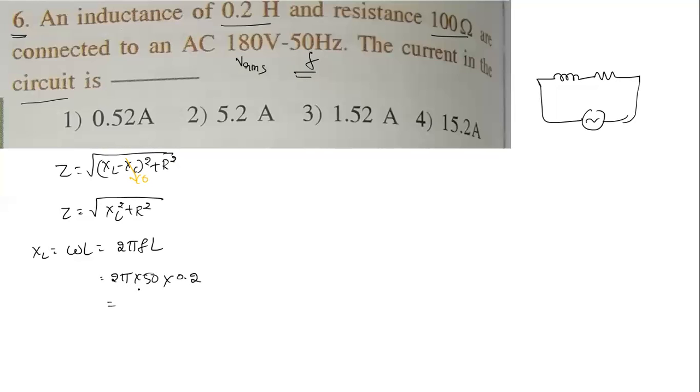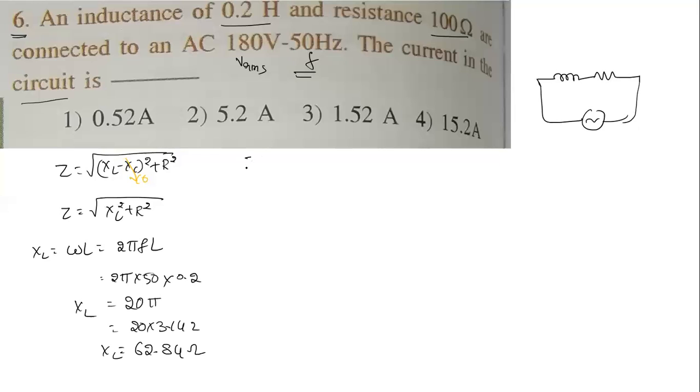That will become what now? 2 into 0.2 into 50 is 20. So XL value is 20 into 3.142. So it will become 62.84 ohm, that is XL, and resistance is given.